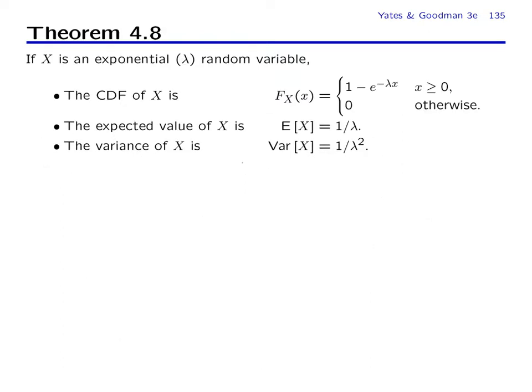In our last class, we also introduced the exponential random variable. Here we summarize its properties in terms of the CDF, the expected value, and the variance.